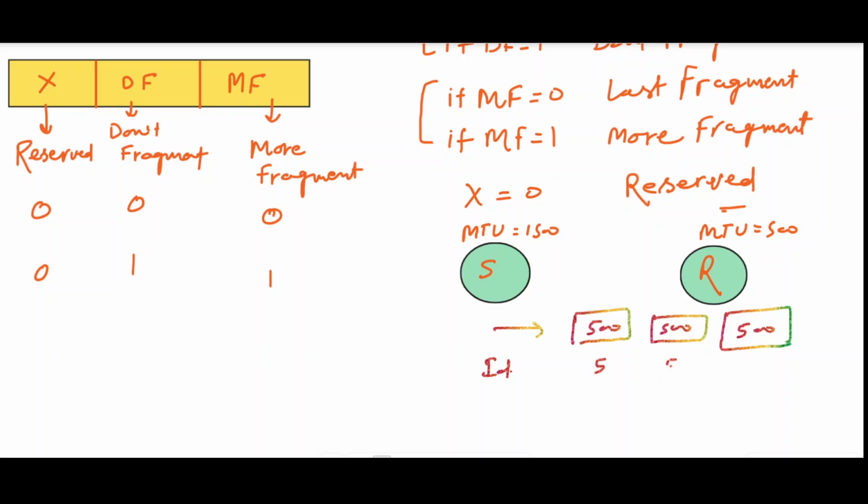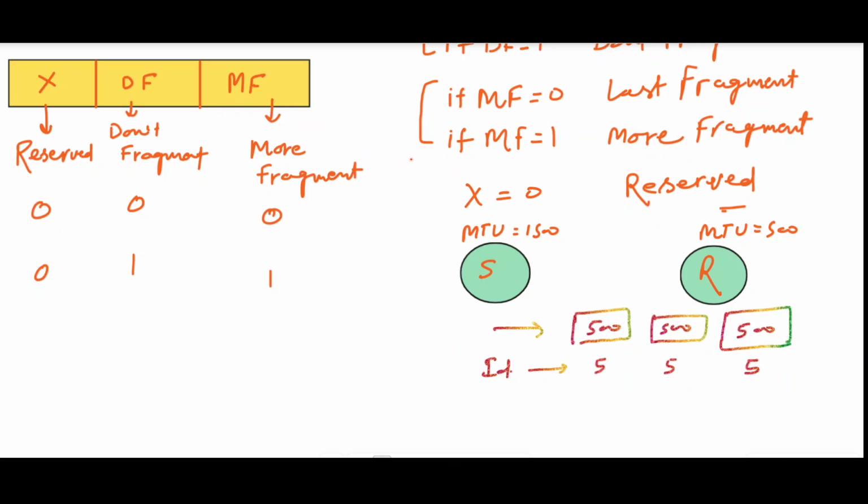Suppose we are using 5 as randomly chosen, but it should be the same. Now that means there are more fragments. Suppose this is first, second, third, whatever you want, because it is only an assumption. Clear?